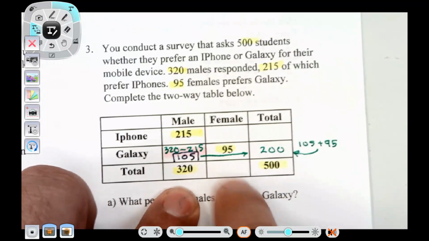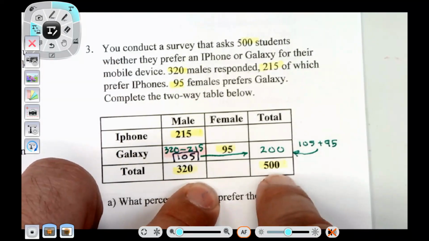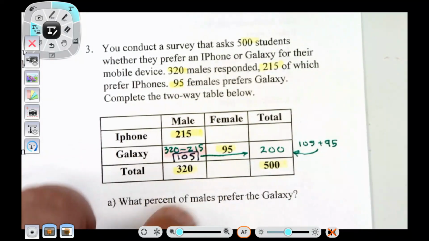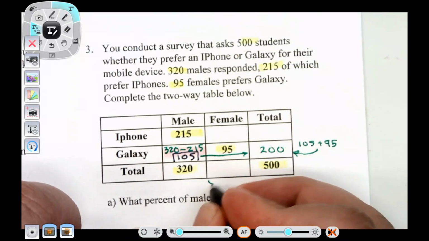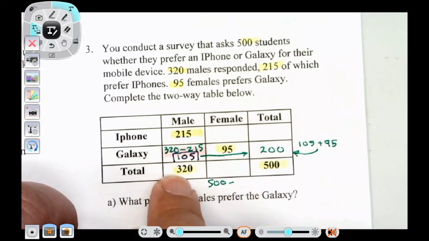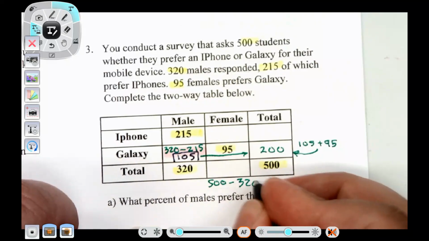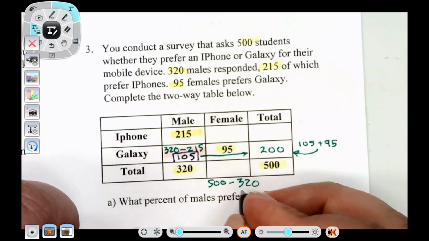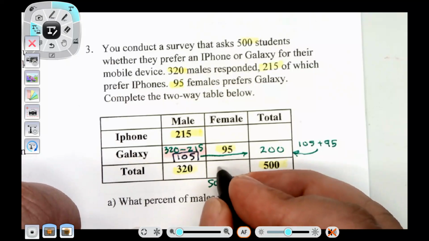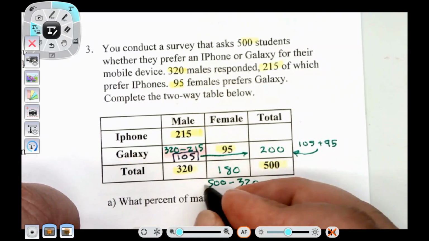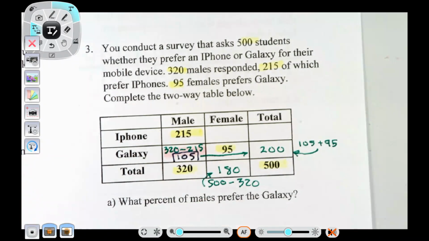That means if I'm missing just one block, this is the grand total of everything. So if I want to fill out this block, I'm going to take that 500 and I'm going to subtract the 320. And once I get my calculator going and subtract them, we can easily see that this number should be 180 right there.